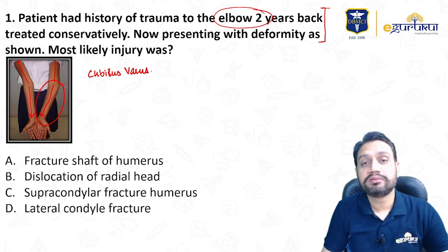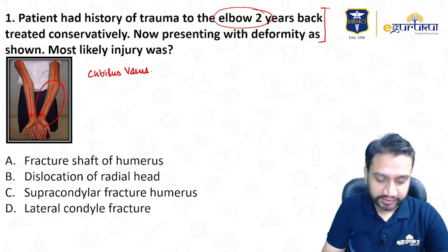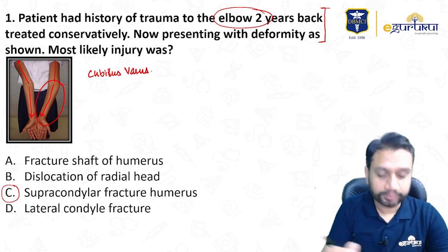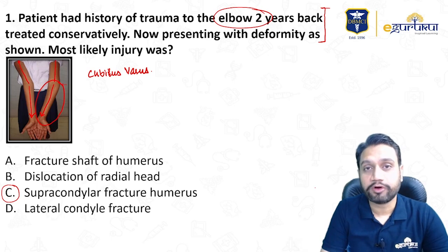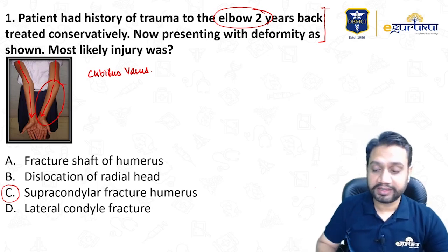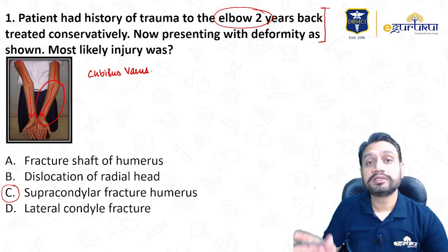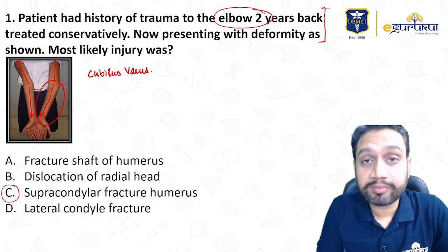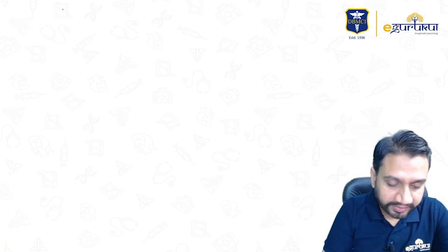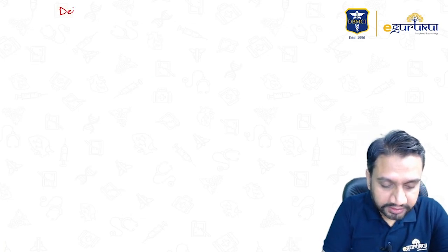Now with which injury is it associated? It's a very common one, that is supracondylar humerus. So supracondylar humerus is related to your cubitus varus deformity. Once we are talking about deformity, I would like you to remember the other conditions in which other deformities are seen. A quick recall of all the important things.